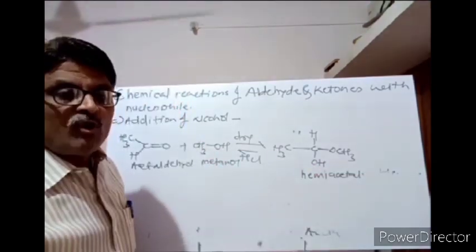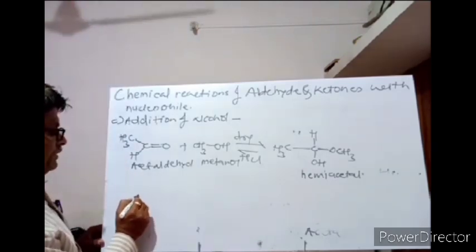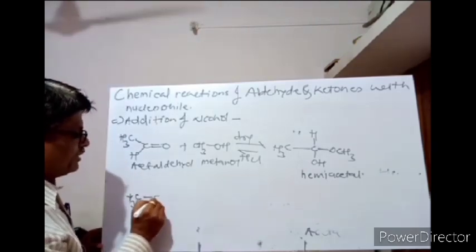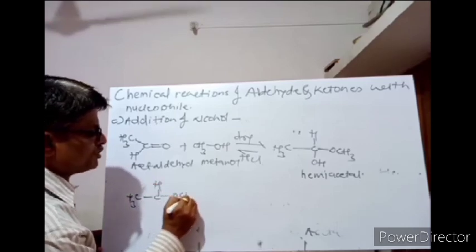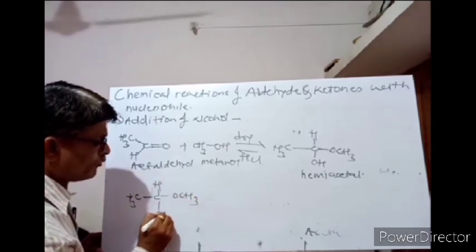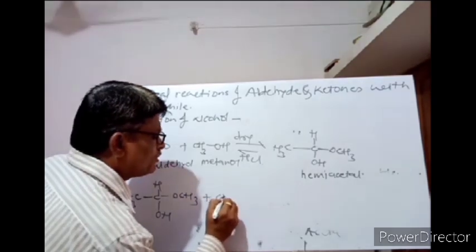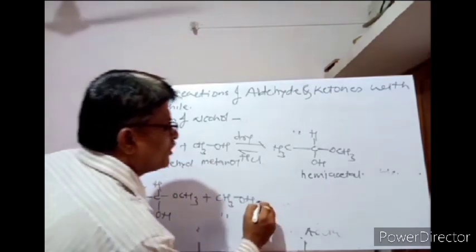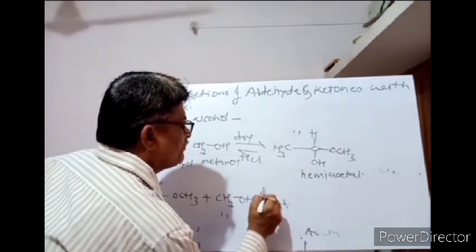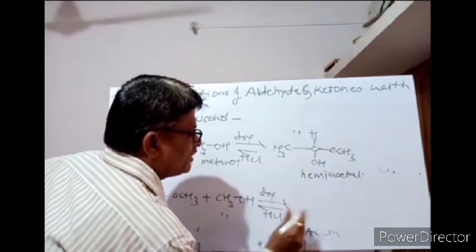This formed hemiacetal reacts. Here is CH3CH(OCH3)OH reacting with CH3OH, that is another methanol molecule, again in presence of dry HCl.